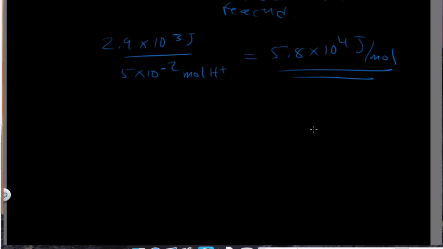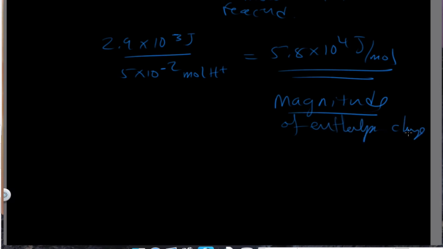So the magnitude of the enthalpy change per mole of the reaction is 5.8 times 10 to the 4th joules per mole. It's the magnitude of the enthalpy change. Okay?